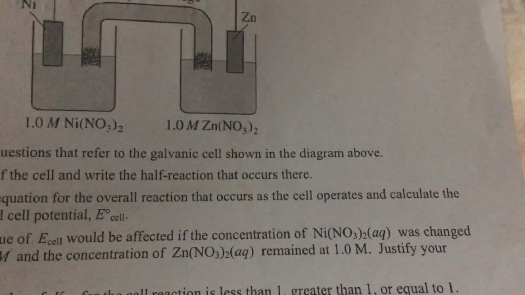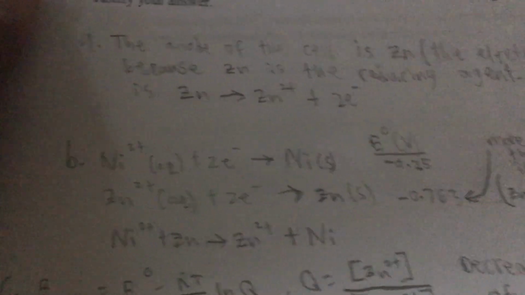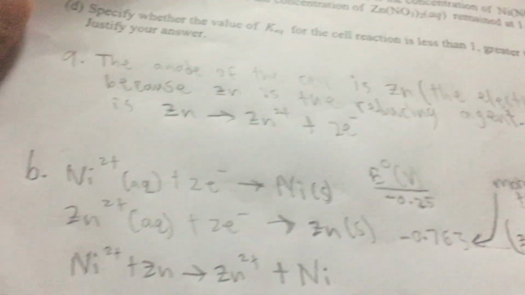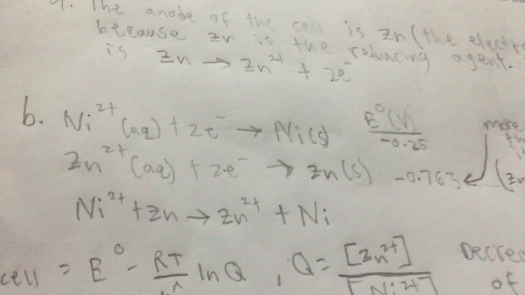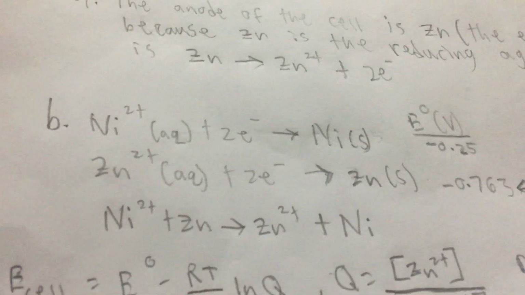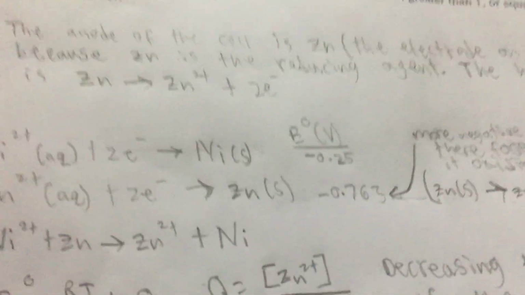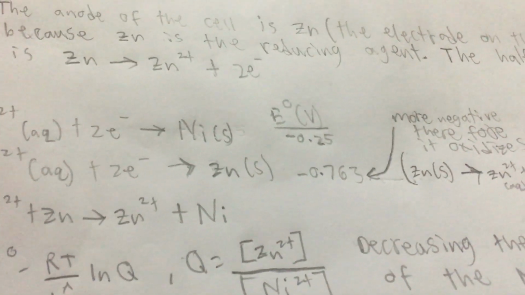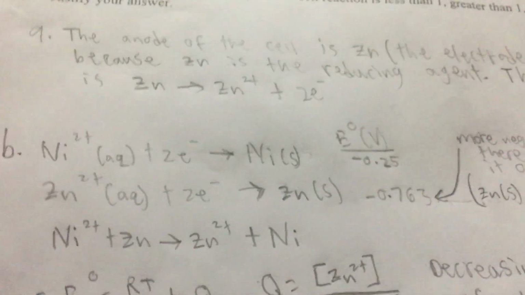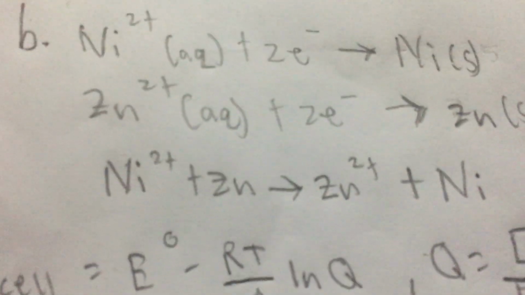And so for B, it's asking us to calculate the value of the standard cell potential. So if you just look at the table, it tells you the values for the nickel half reaction and the zinc half reaction, and then you just add them up after you find the reactant that oxidizes, and then you put them into the net ionic equation.